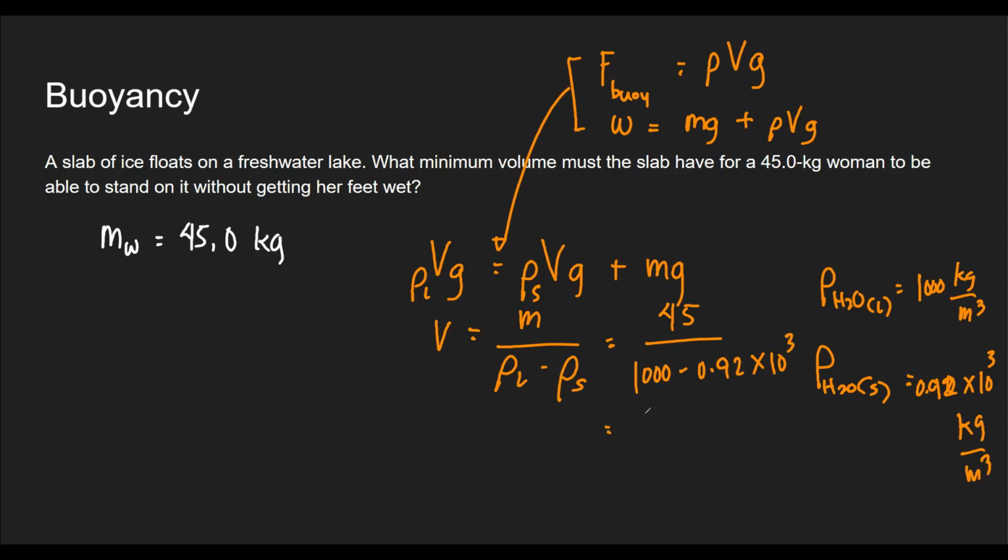That should be 0.5625 cubic meter. And that is your minimum volume, or that should be the minimum volume of this slab, so the woman can maintain her ground without her feet getting wet.